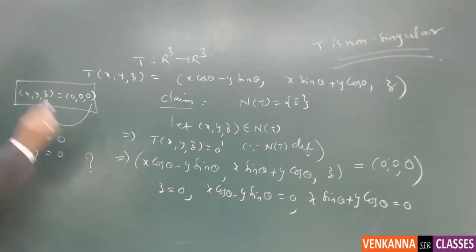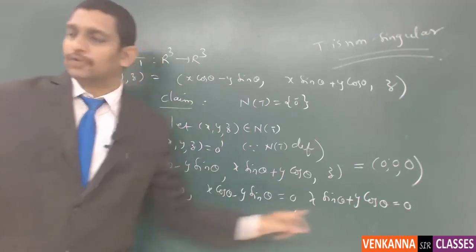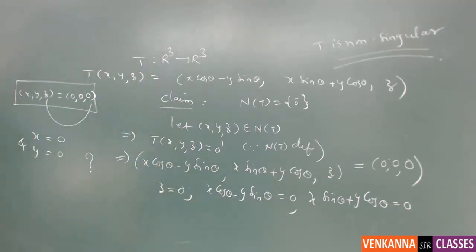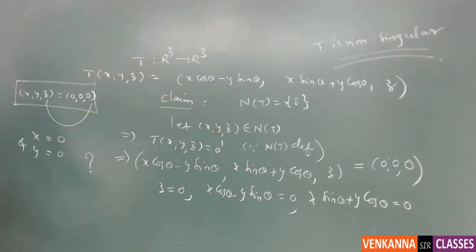How? Using these equations, I should prove that x equals 0 and y equals 0. Then this task will be completed. So N of T is nothing but 0. Hence the claim is proved. Okay? Is the objective clear?